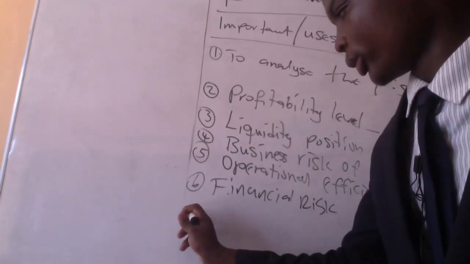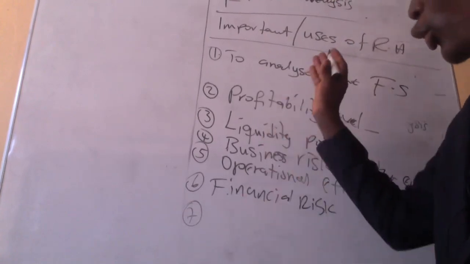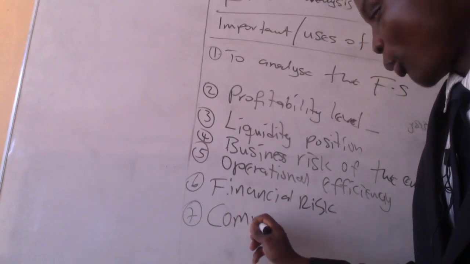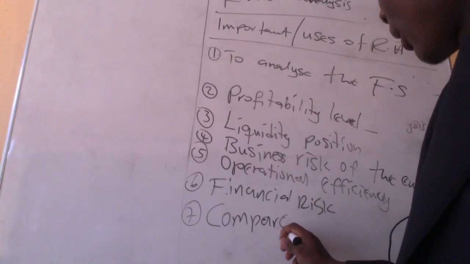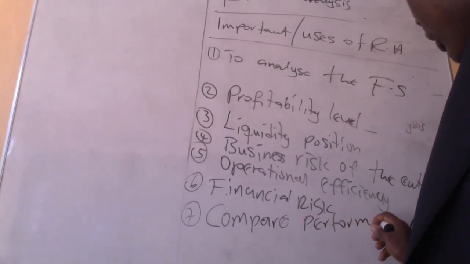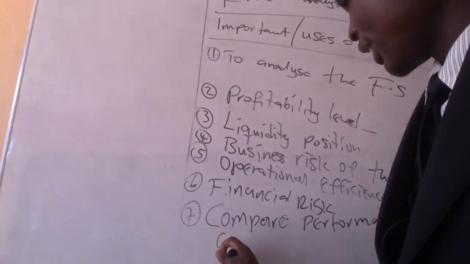Then we move on to 7. In fact, ratio will help us to compare performance. To compare what? Performance of companies, of course.